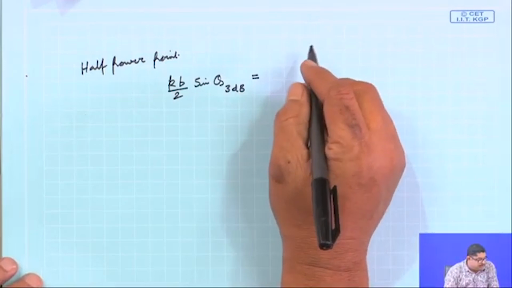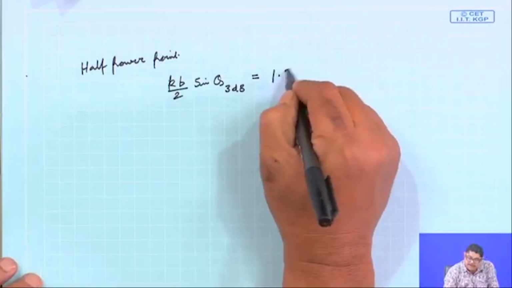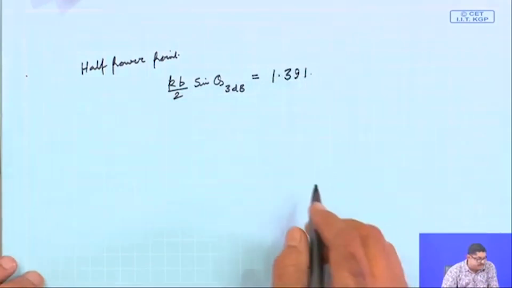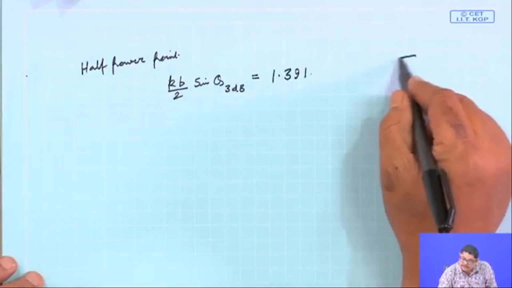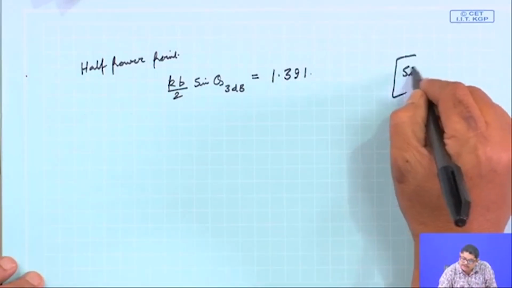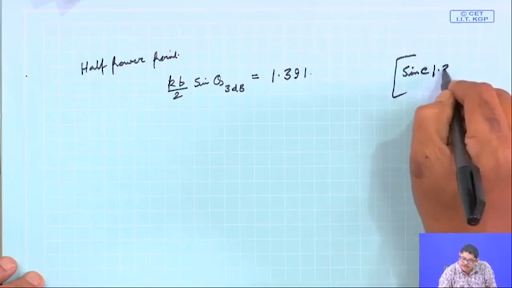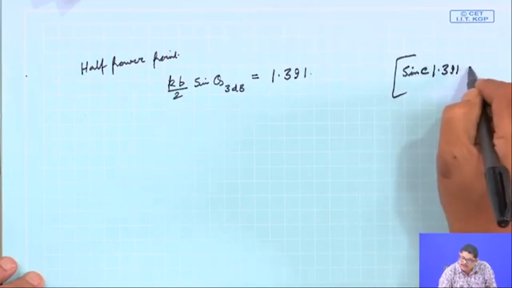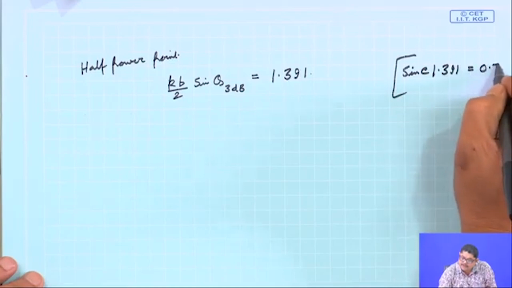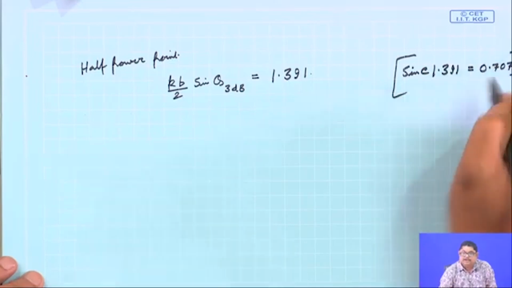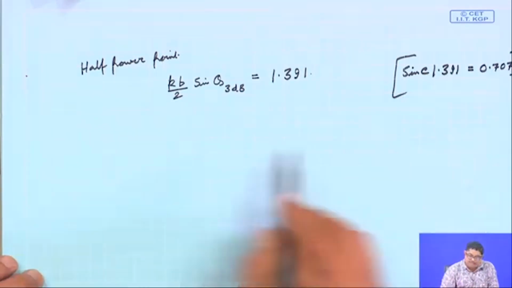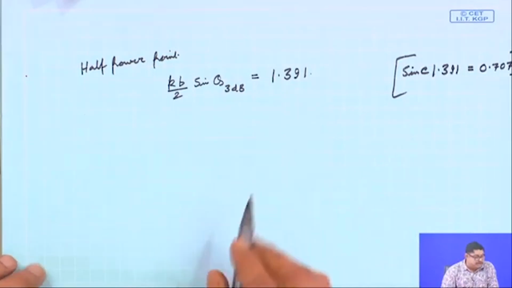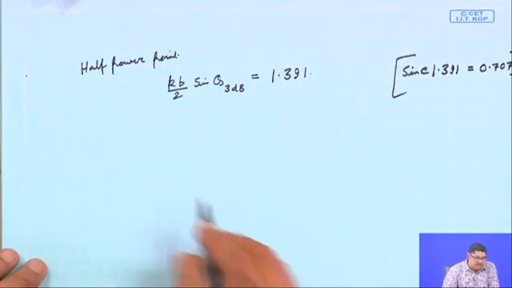This is from a sinc function. Please note, you can check this, that sinc of 1.391 is equal to 0.707, which is our half power point.